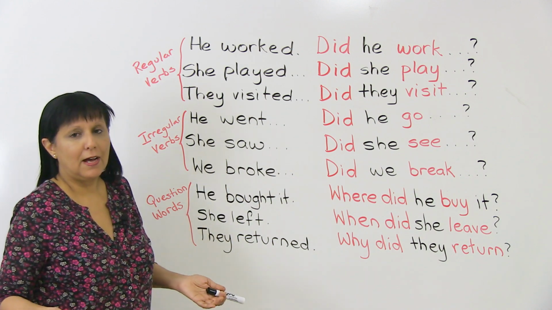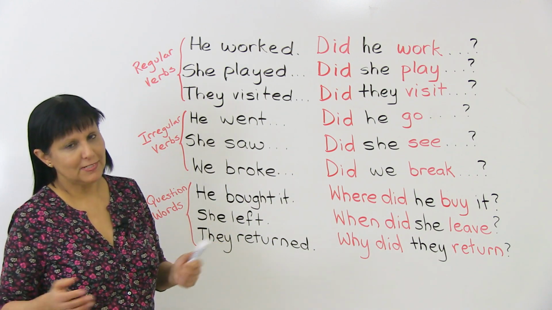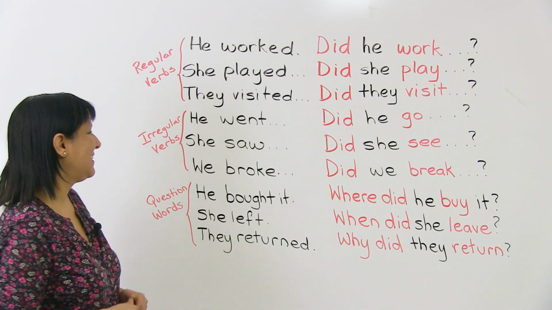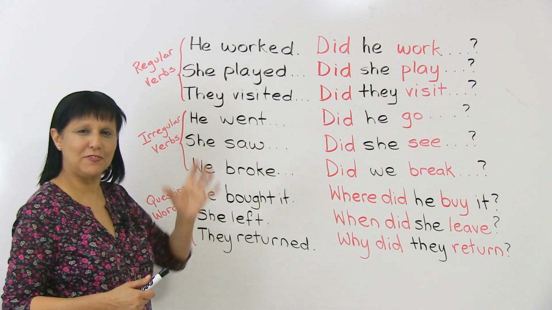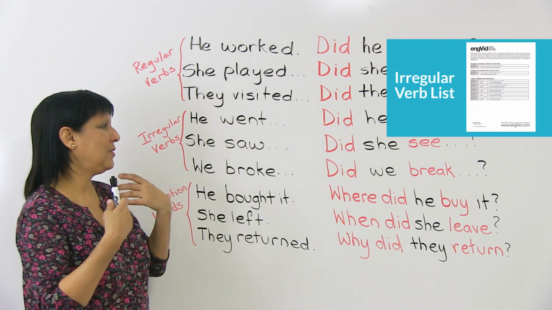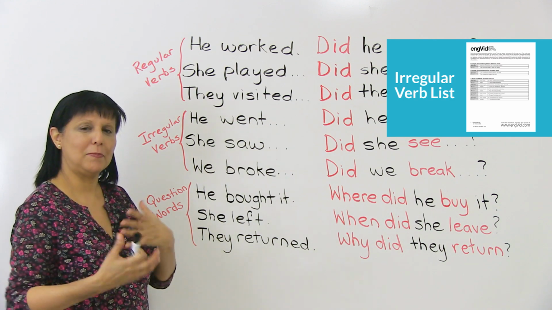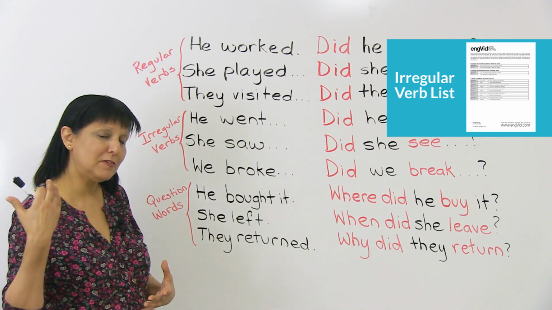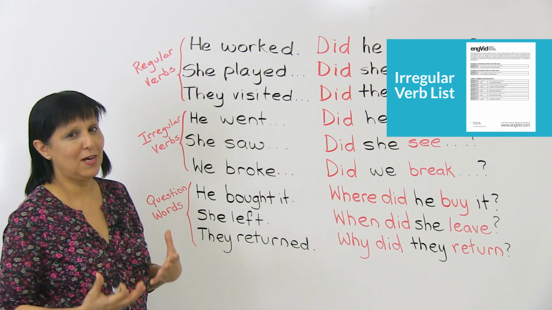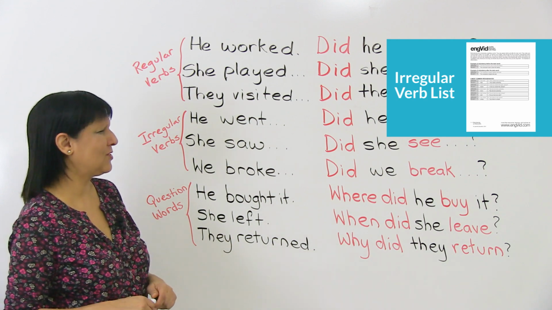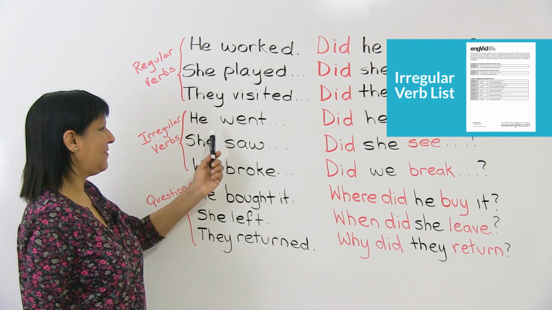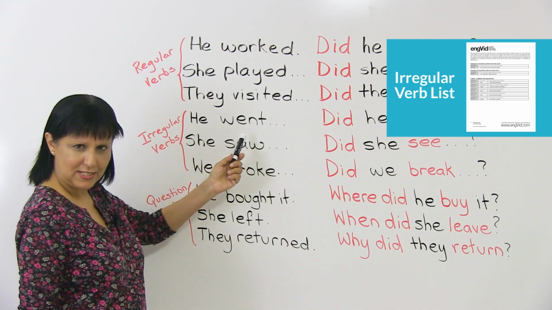How do you know that? Well, you just have to learn it, okay? There's no other way. There's a list of irregular verbs, and then you have to learn them by heart. You probably know many of them because you hear them a lot, but otherwise you have to learn them. There's not much choice there. So in the past, he went.